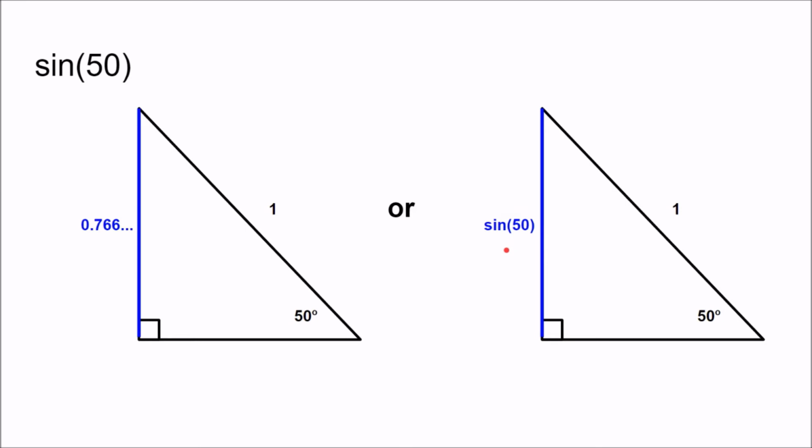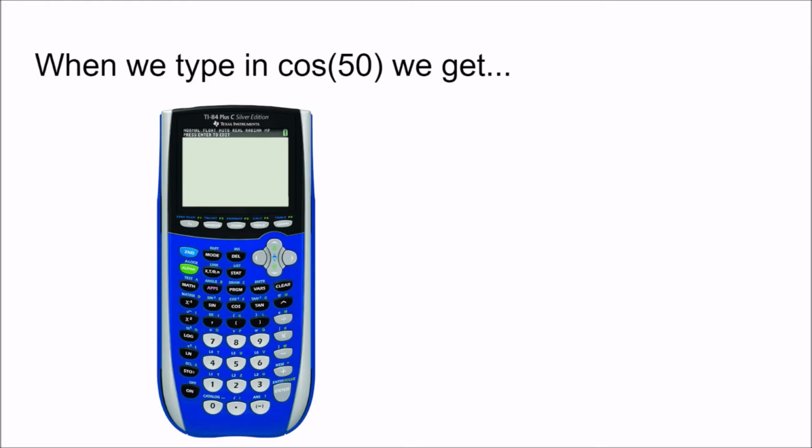So if we do cosine 50, similar, cosine is right here. We get 0.642 and on and on and on.